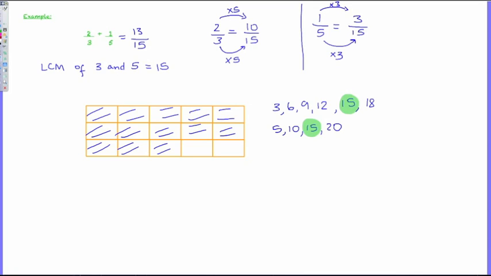So now I have the two fractions that I need for my addition. So I'm going to add those two together. I have 10 over 15 plus 3 over 15, and then we add these as we've done before. 10 plus 3 is 13 over 15, which is what we saw from the diagram as well.